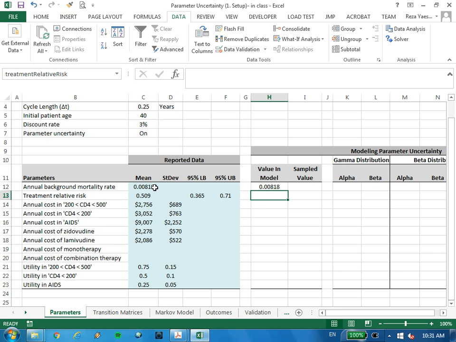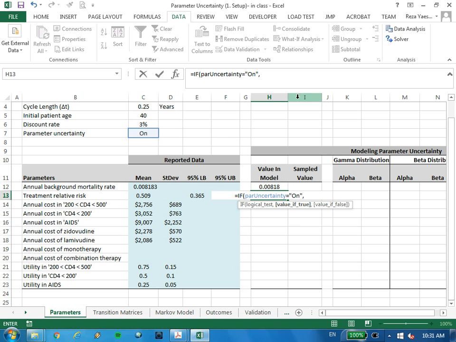Now for the treatment relative risk, if the parameter uncertainty is on, I want to use the sampled value that I will generate in this column.